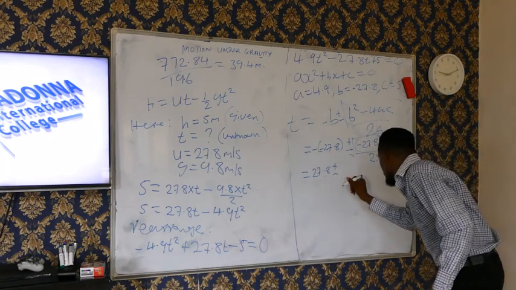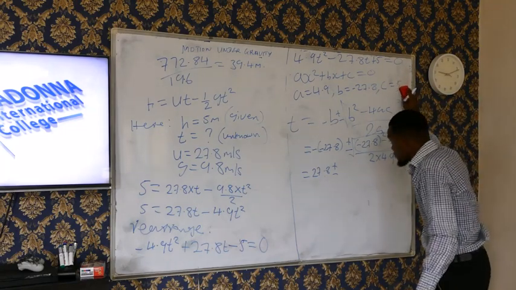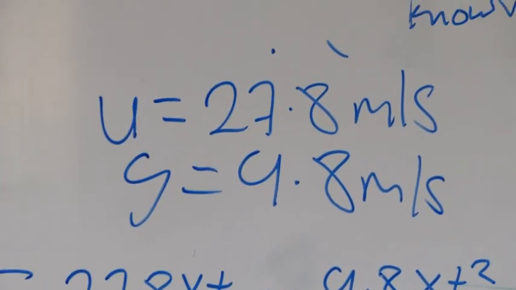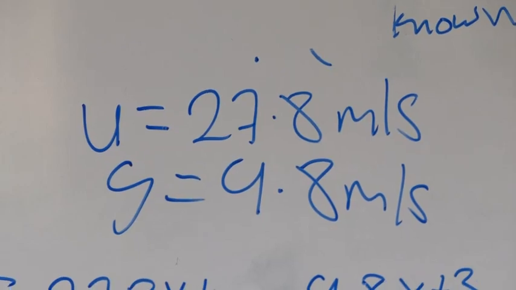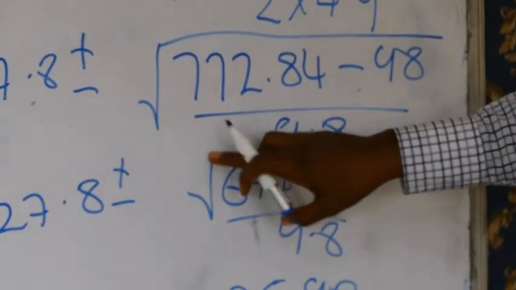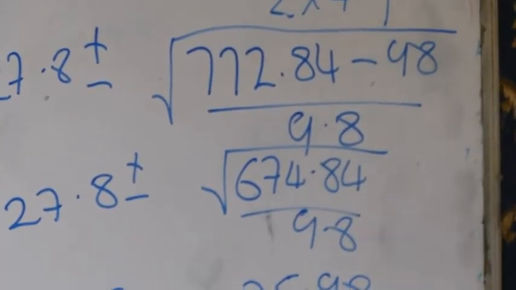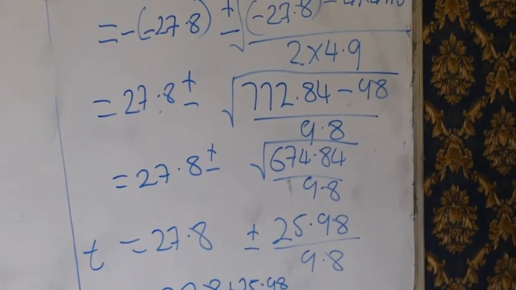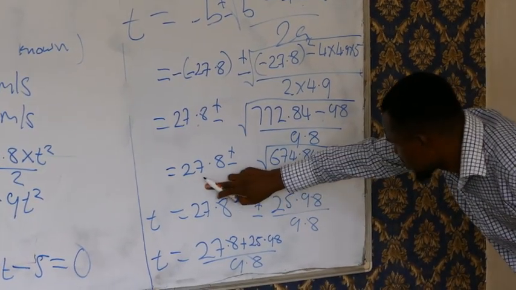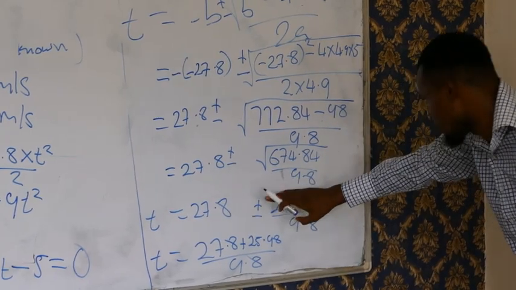If you do all this computation, it gives you this, and everything here amounts to 98, and of course 2 times 4.9 will give you this. Please, when you get to this stage, a lot of students make the mistake of solving this as a fraction. No, you don't do that.